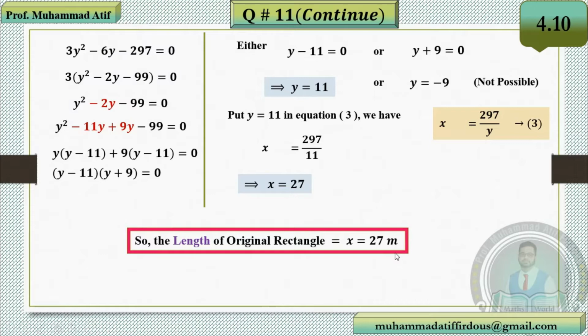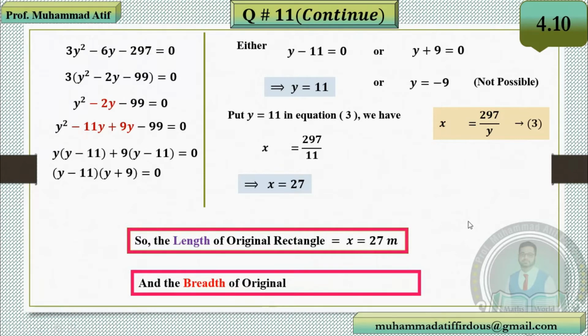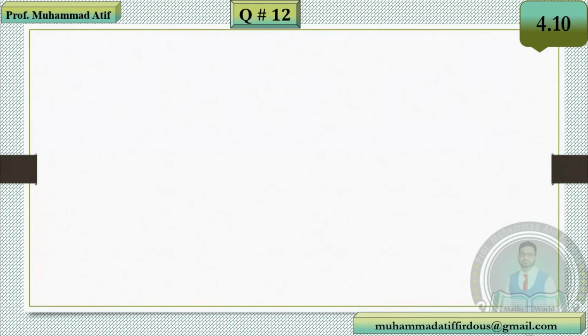Just focus on your unit. You must write the unit of the given rectangle, and then the width or breadth of the original rectangle will be 11 meter. Any problem?